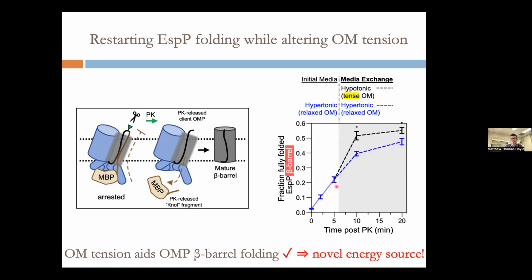But if during the chase, you increase the tension in the membrane, barrel assembly increases. And so this was the evidence that we had to support our idea that barrel folding is assisted by the tension in the membrane. And perhaps then there is energy that's useful in the outer membrane.